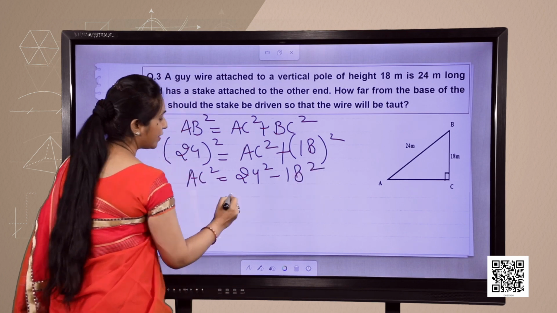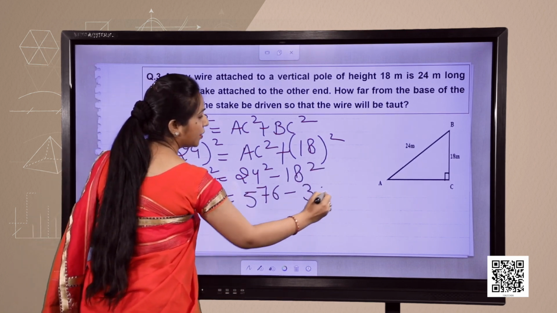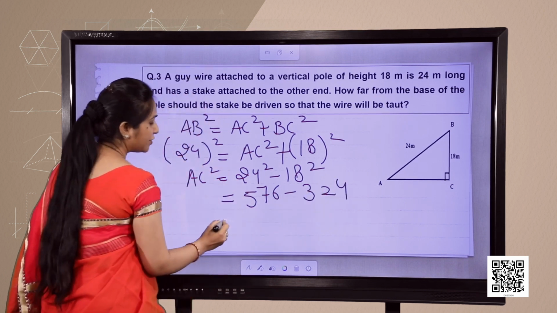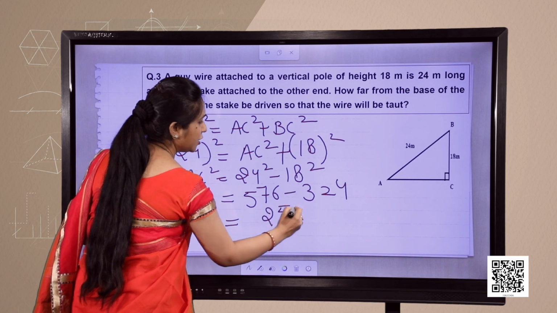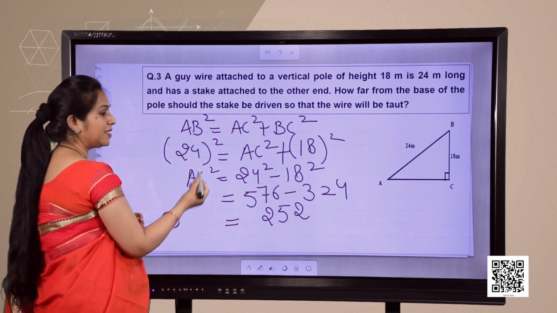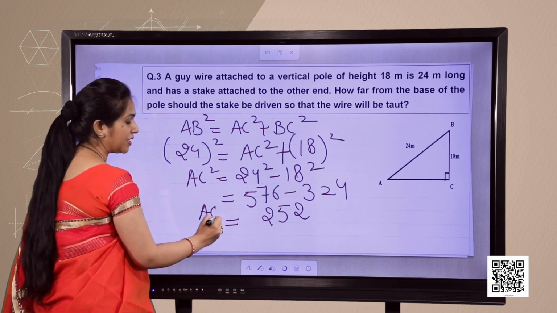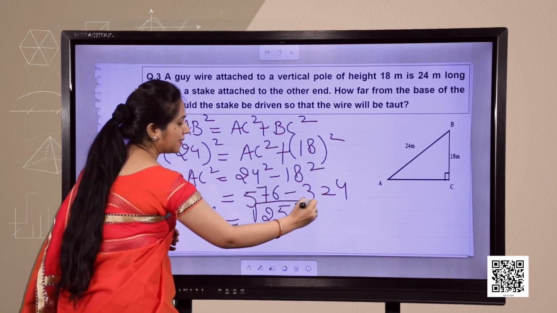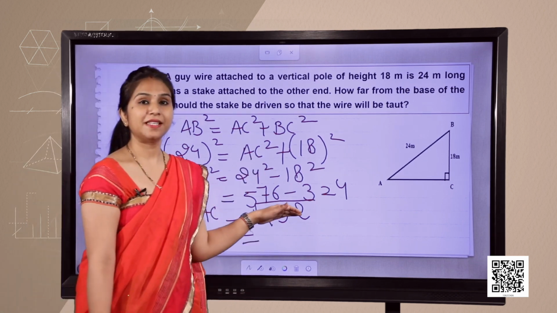Now square of 24 gives you 576 minus this is 324. Now after doing subtraction you will have 252. Now children, this is AC square is equal to 252. So now when you remove the square from one side, you will have root on this number. So children, I know the answer, but I am leaving this here only.